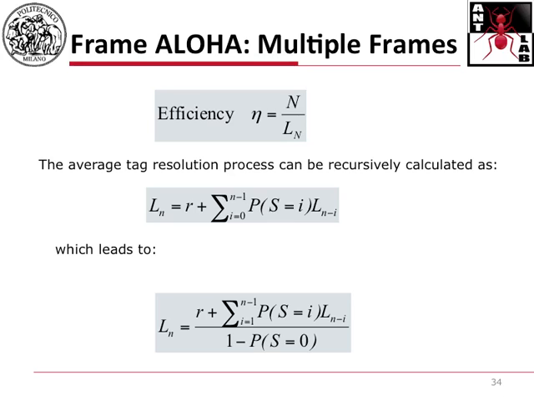Then, if you just do some maths out of this formula, which means, for example, you're just taking out of this formula the probability of not solving any tag, so the probability that S is equal to 0. If you move out of this summation the probability that S is equal to 0, okay, which is multiplied by L of n, which is exactly the same as here, and then you just move this stuff to the left-hand side.